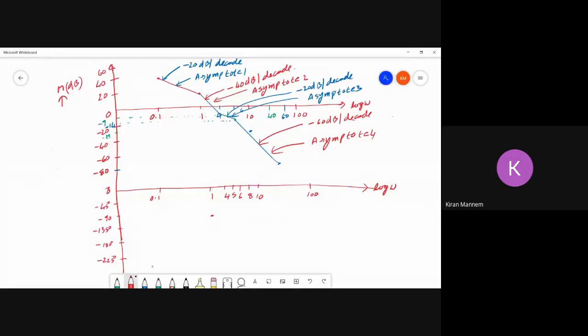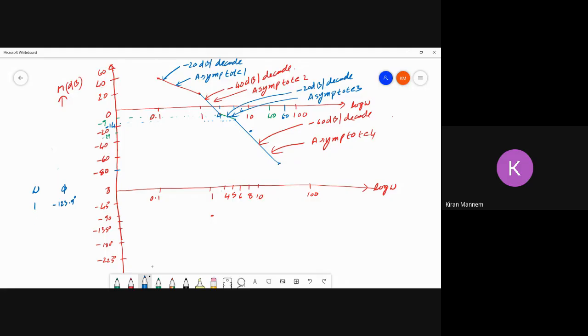I'll write it another way: omega value, phi value. When omega is 1, it is minus 123.9 degrees.